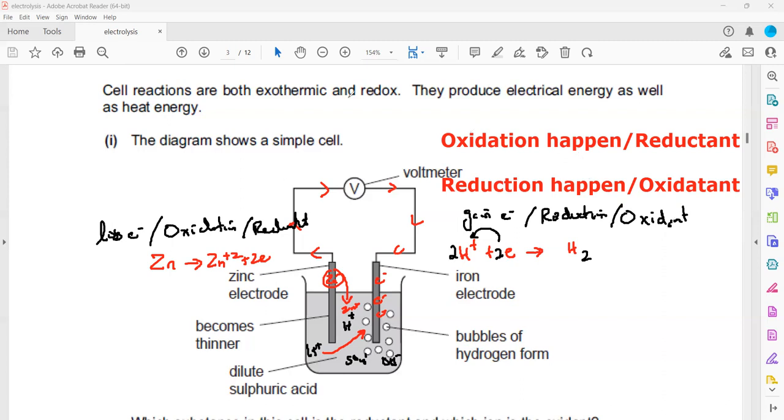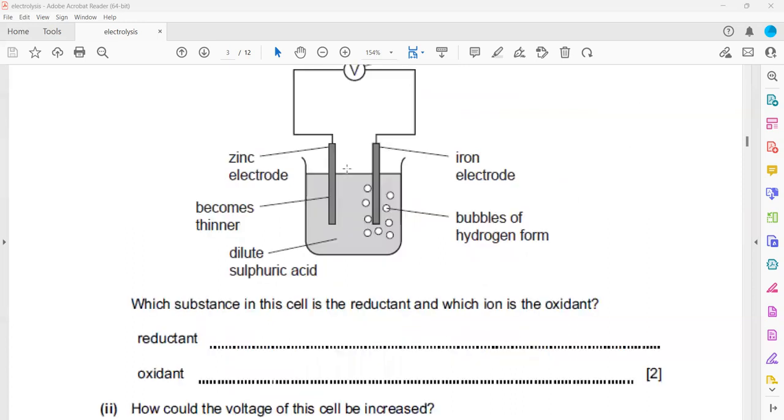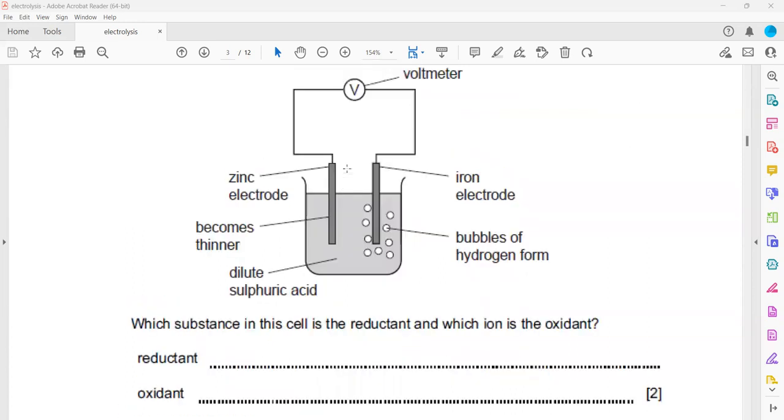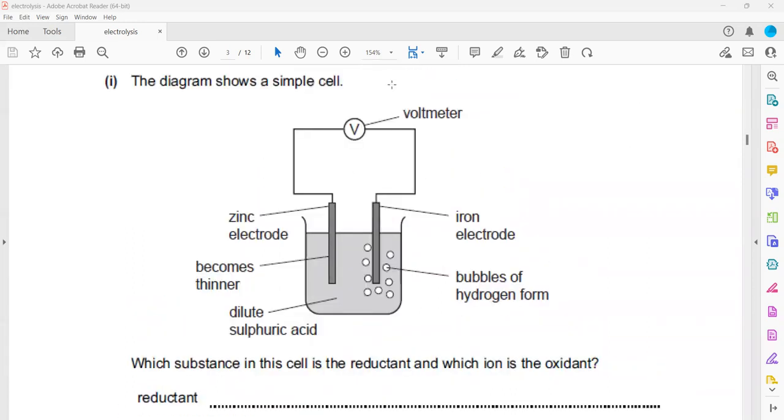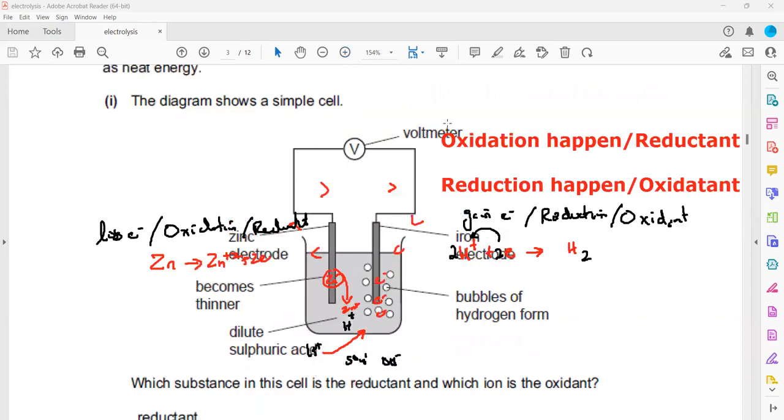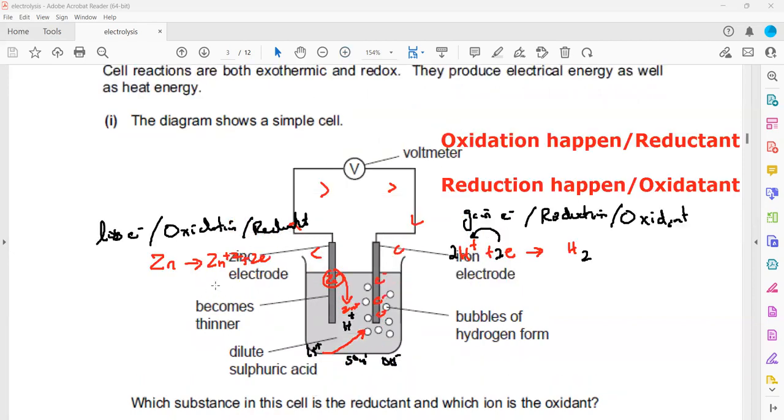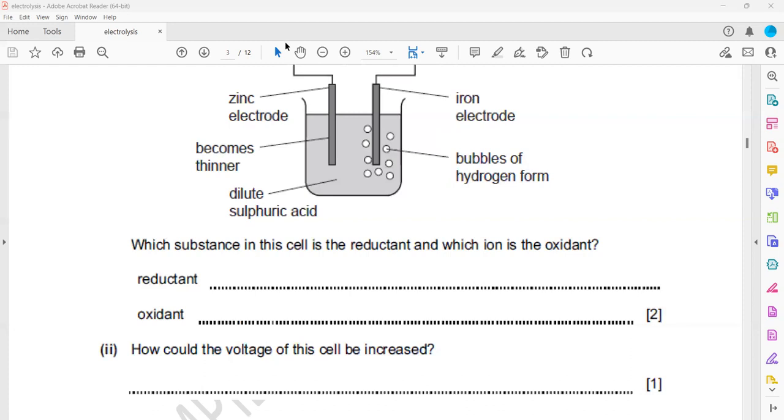They asked which substance in the cell is reductant and which ion is oxidant. Zinc atom is a reductant, and hydrogen ions are oxidant. So here, you just have to write that zinc is a reductant because oxidation happened, and hydrogen ions are oxidant because reduction happened for them.